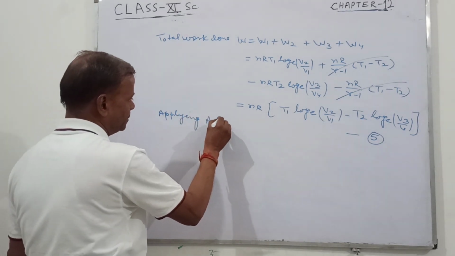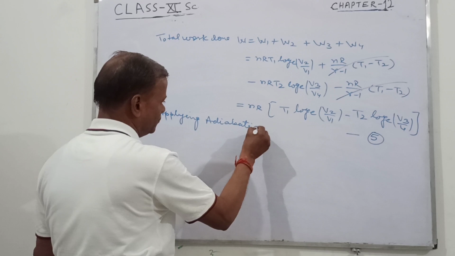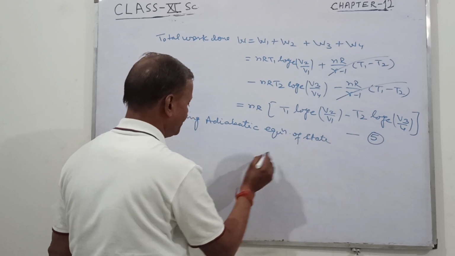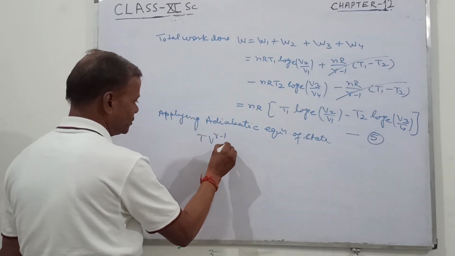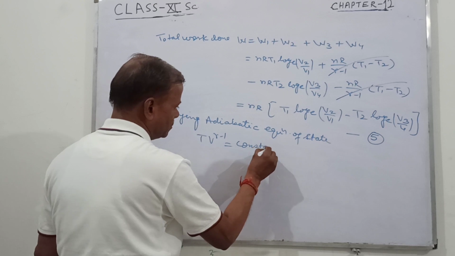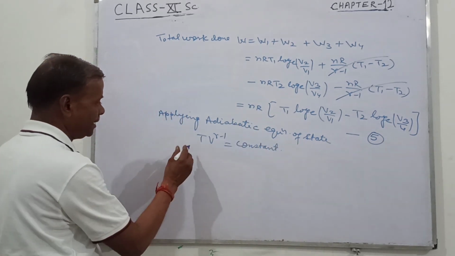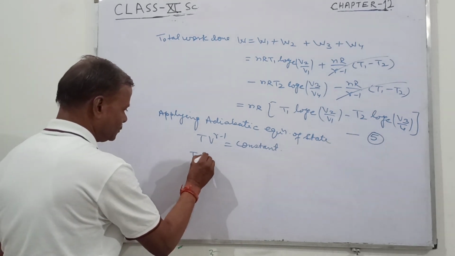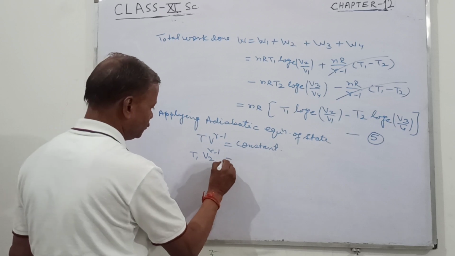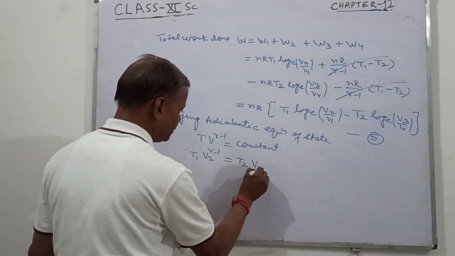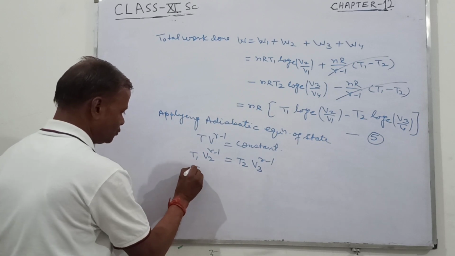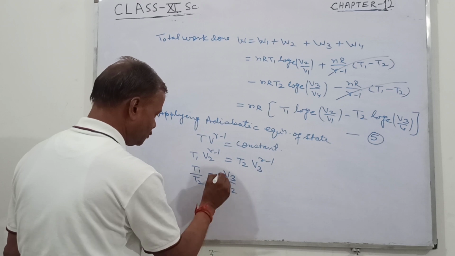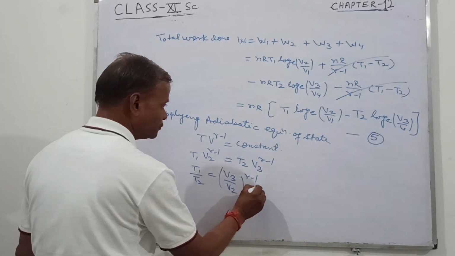Apply an adiabatic equation of state, TV^(gamma minus 1) equal to constant. In adiabatic we have T1 V2^(gamma minus 1) equal to T2 V3^(gamma minus 1). So T1 upon T2 is equal to V3 upon V2 raised to power gamma minus 1. This is now 6.